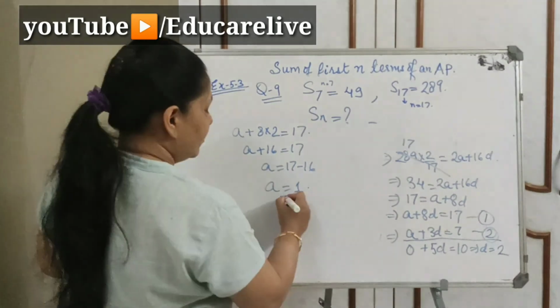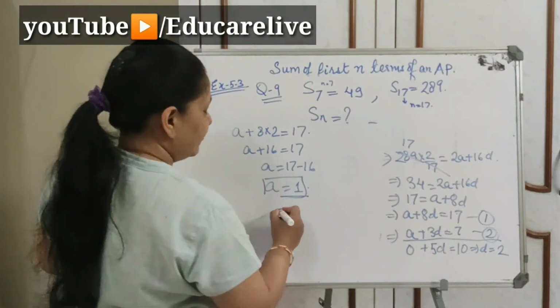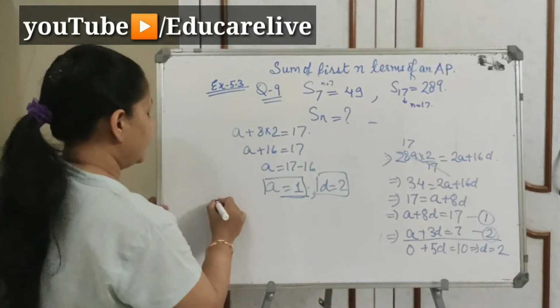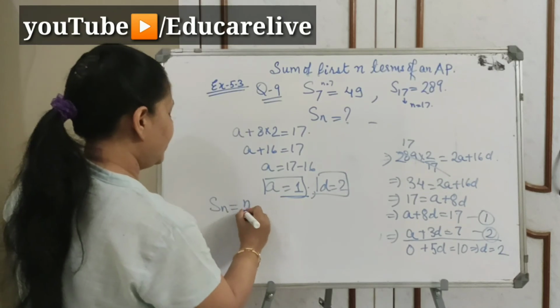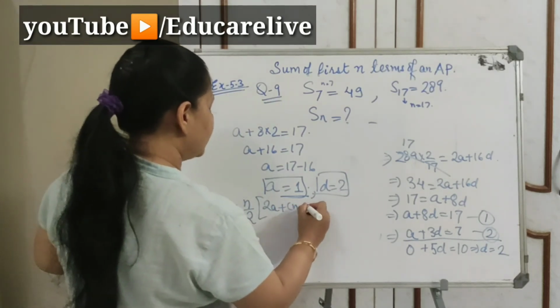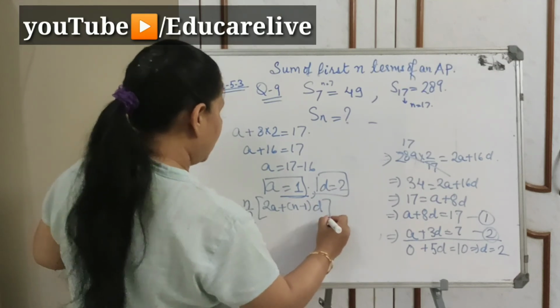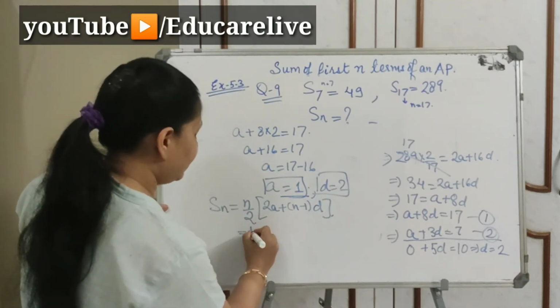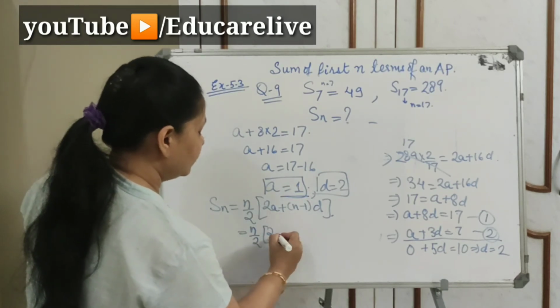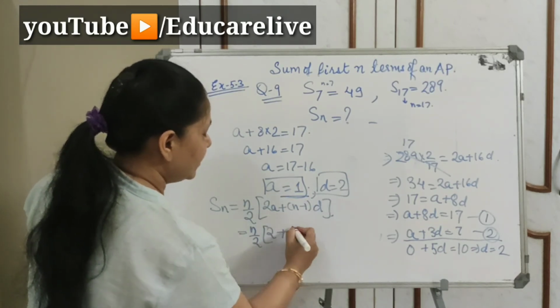Now you know the value of a, that is 1, and you know the value of d, that is 2. Now the sum of n terms will be given by n by 2 times (2a plus (n minus 1) into d). So n by 2, 2 ones are 2, plus (n minus 1) into 2.